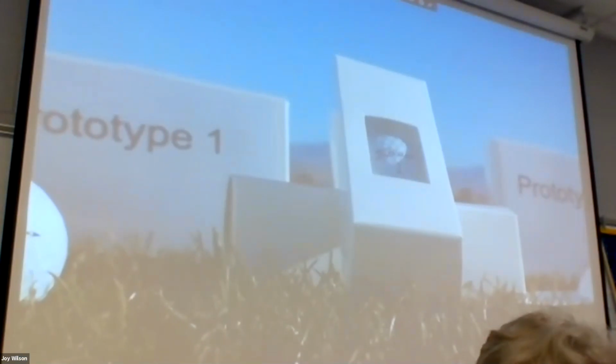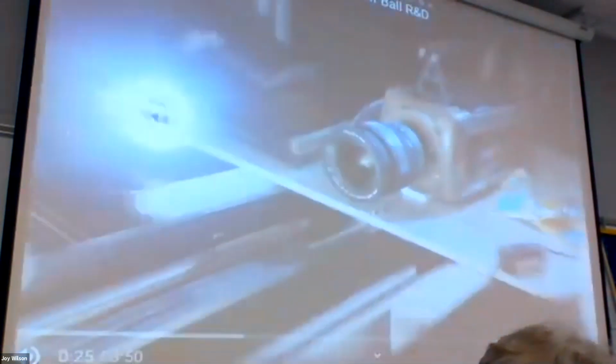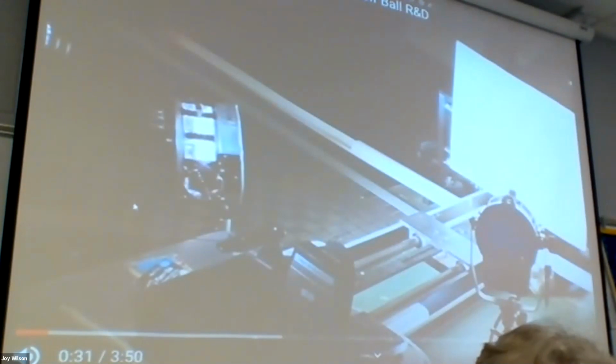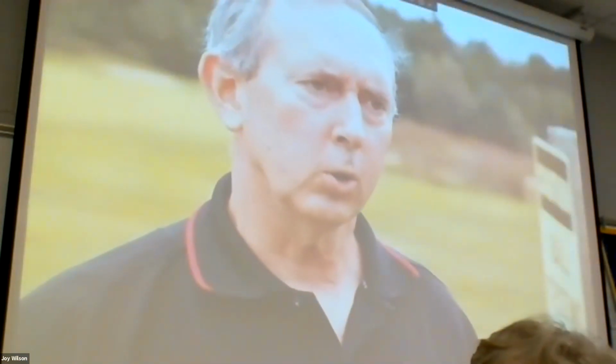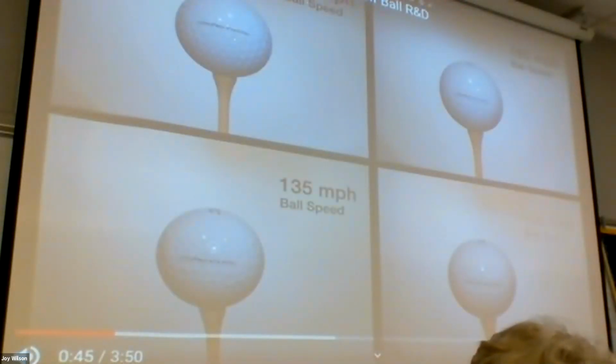Boy, I wish I had that swing. So they're going to shoot this with a high-speed camera at their test facility for Titleist. So there's kind of a slightly slow-mo version. And here are the different ball speeds coming off the tee.